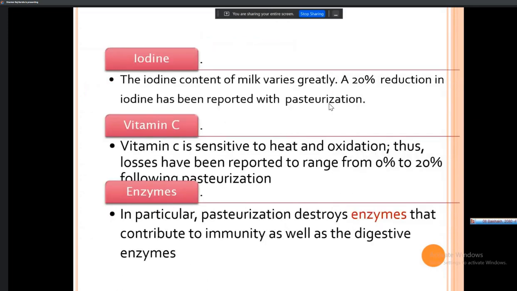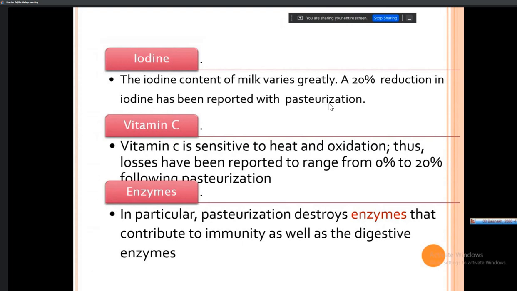Then the next, during the pasteurization, the iodine content of the milk varies greatly, and we believe there is no iodine, because iodine is very heat labile, and a 20% reduction in iodine has been reported with pasteurization. Then vitamin C is also heat sensitive, and oxidation of vitamin C occurs largely, up to 20% following pasteurization.